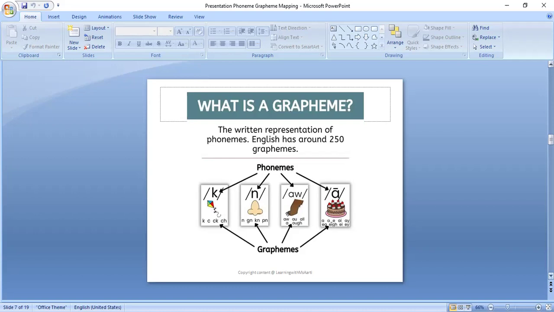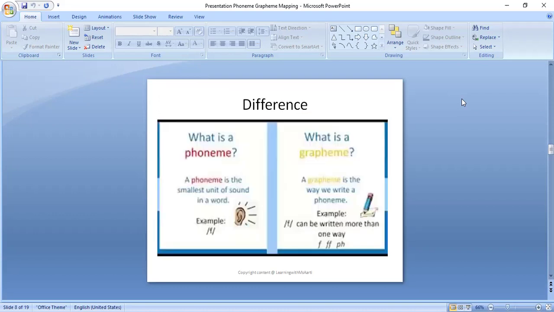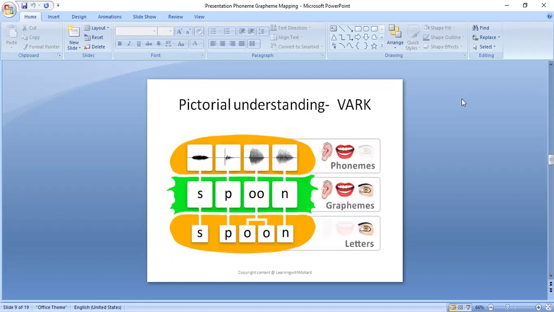So you need to understand that the smallest single unit is the phoneme, and the written representation is actually called a grapheme. For example, one pictorial understanding I am giving to you. Look at the topmost picture where I can see a thread rolling, leaving an impression.